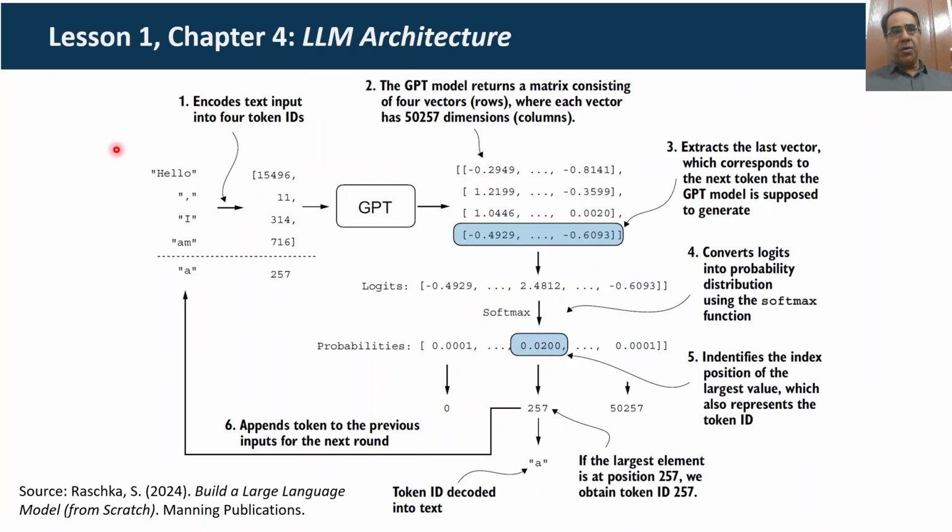To describe the whole process of text generation in a GPT model, consider this example in which the input context is "Hello, I am." The goal is predicting the next token. As before, the input text is first broken up into 4 individual tokens: hello, comma, I, and am, with these token IDs.